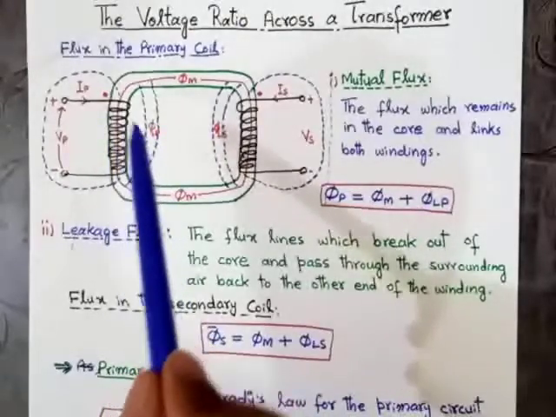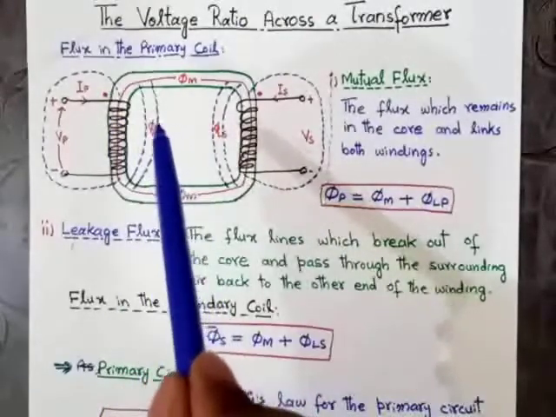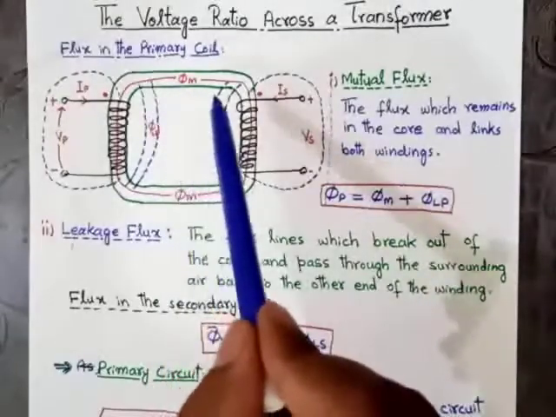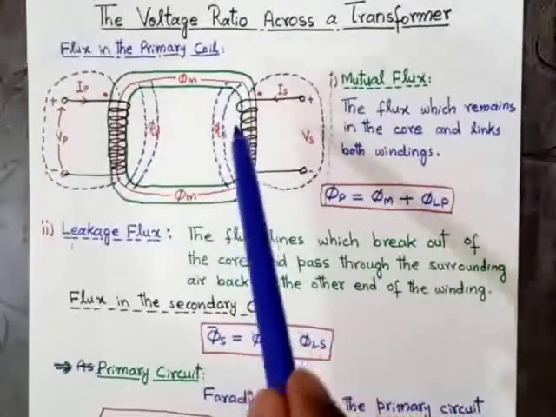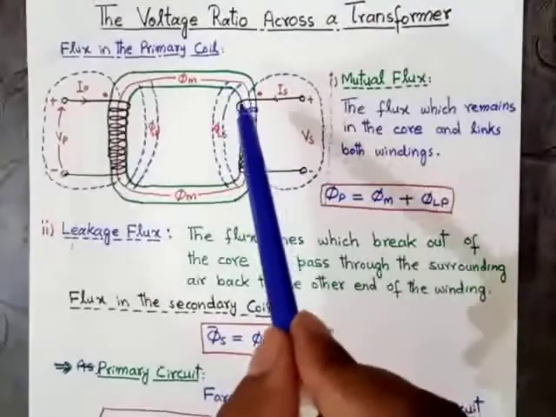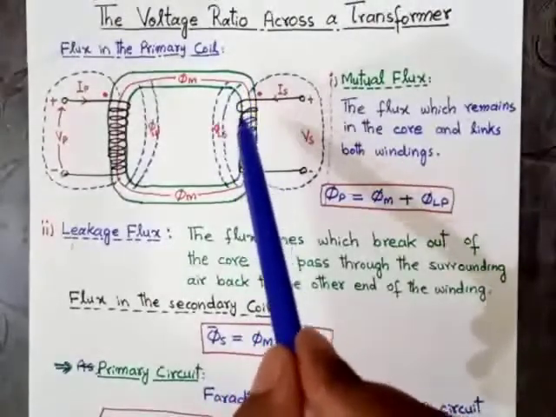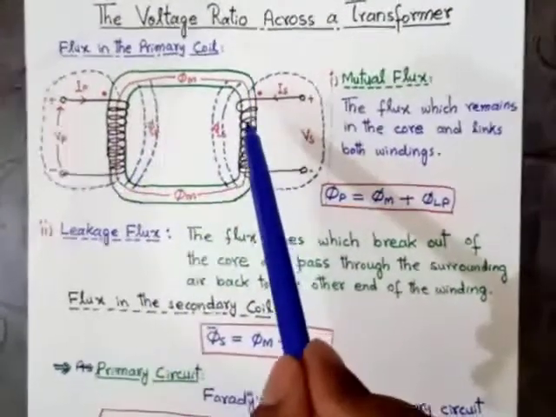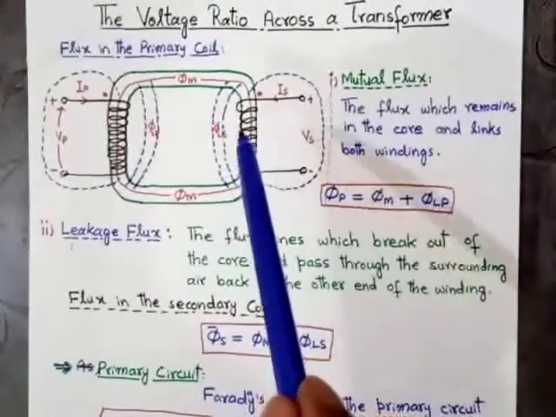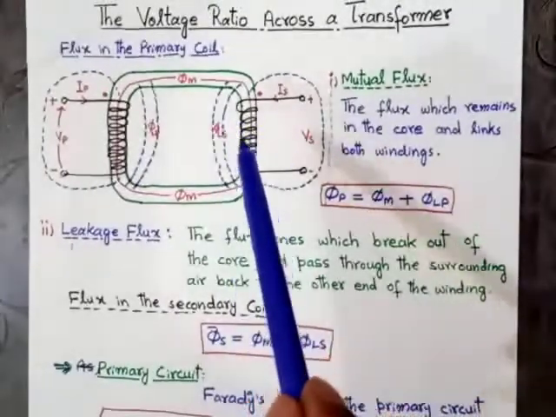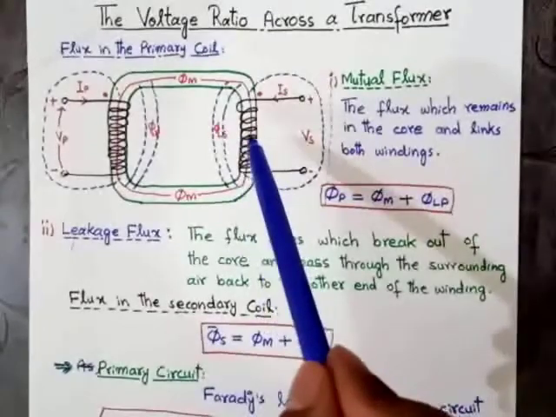If some flux is lost, then the value of the flux in the core across the secondary winding will be less. When the flux across the secondary winding is less due to leakage flux, then the voltage induced across the secondary winding will be less as well.